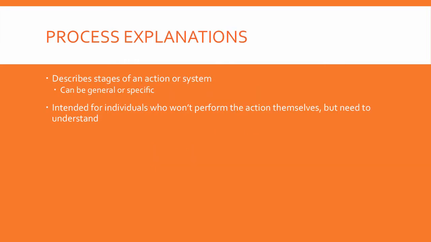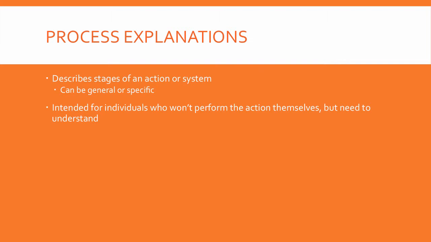So, all right, finally, process explanations. All right, and so this is things that are really complex that we don't necessarily need procedures for. We just need to know how they work. And so generally intended for individuals who won't perform the action themselves but need to understand. So let me give you an example that they use in the book.